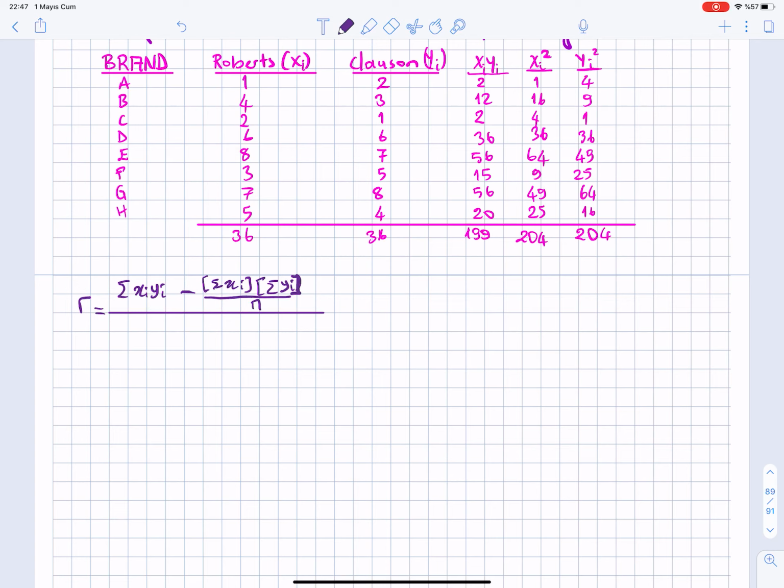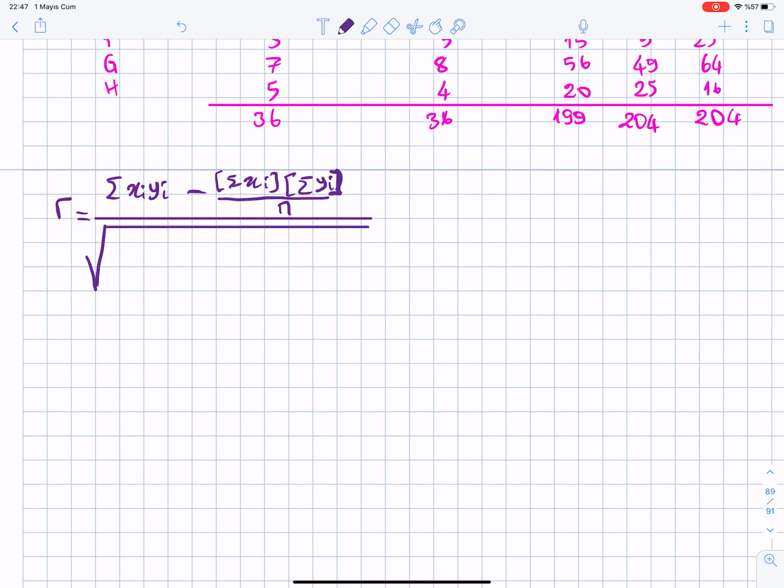And this is divided by a square root of the sum of xi squared minus the sum of xi, squared, divided by n, multiplied by the sum of yi squared minus the sum of yi, squared, divided by n.